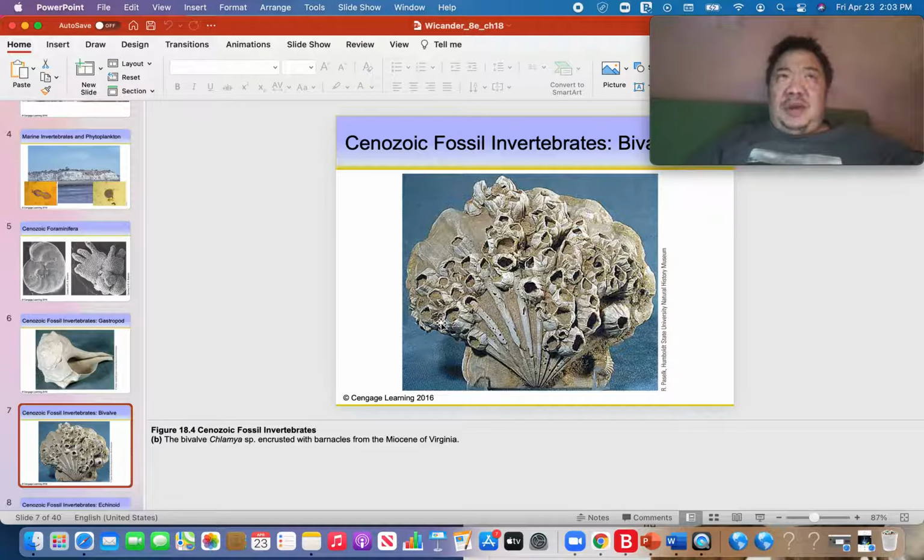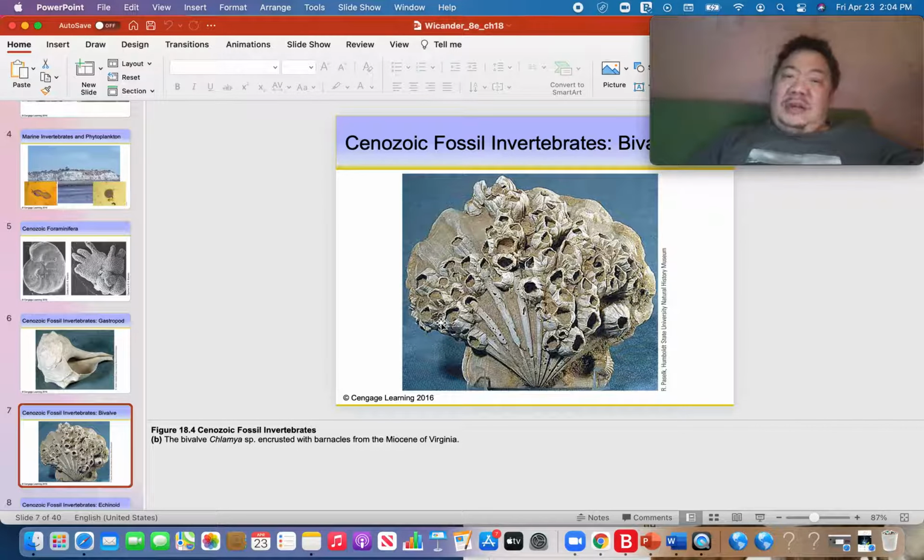We rarely see brachiopods anymore. They're pretty rare in the Cenozoic Era. Brachiopods were very common during the Paleozoic Era, 542 to 245 million years ago. And since most of the sedimentary rocks that we see in Tennessee are Paleozoic in age, we find lots of brachiopods in the great state of Tennessee.